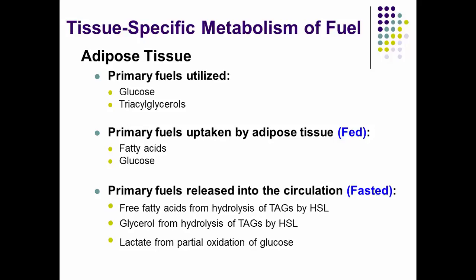And glycerol, of course, is also released along with the fatty acids, and is utilized for gluconeogenesis. And lactate can also be released, though I don't think it's a large amount, but you still have some lactate released. Almost every tissue will release lactate during the fasting condition because of partial glucose oxidation.